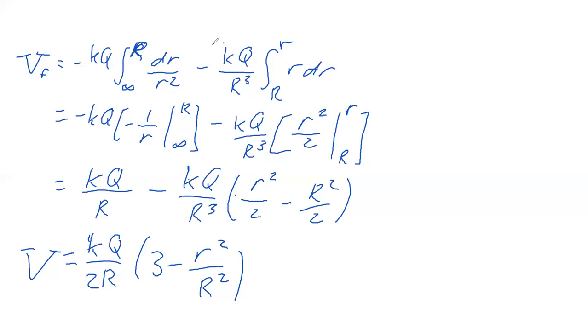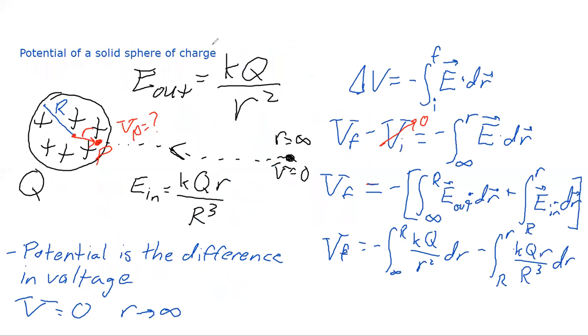Okay, so you can kind of see the subtleties there. Finding voltage is always a difference in voltage, so you have to set your zero, or you have to have a known value somewhere. That's why back here we chose our initial position to be at infinity, because that gave me my 0 voltage. Okay, and I was able to then get rid of this V initial. All right, so my problem only had one unknown, which is the final voltage.